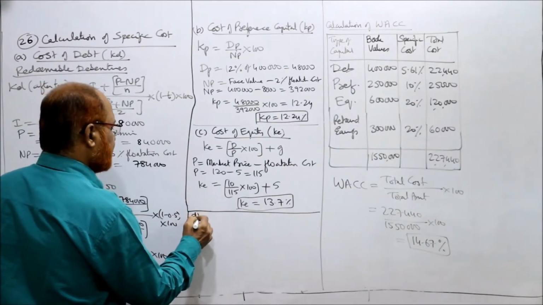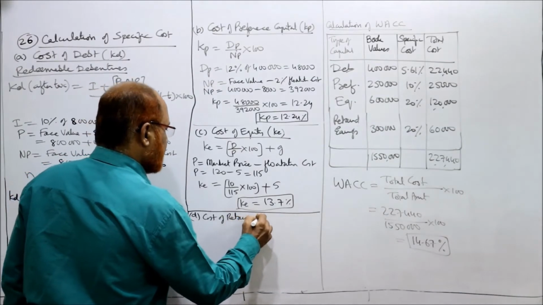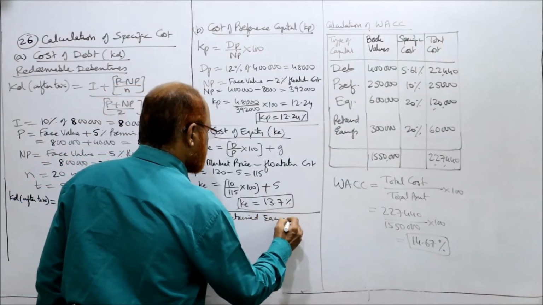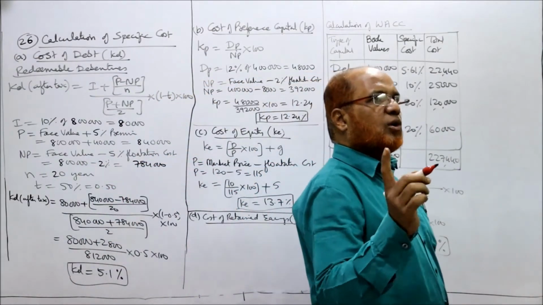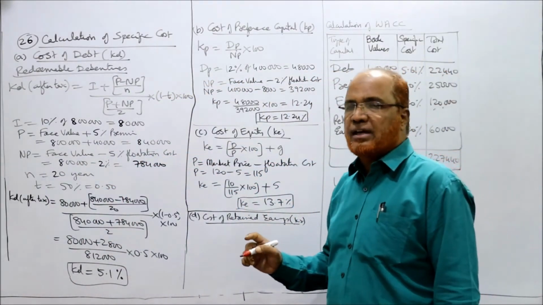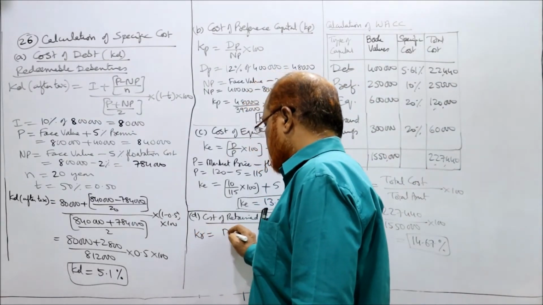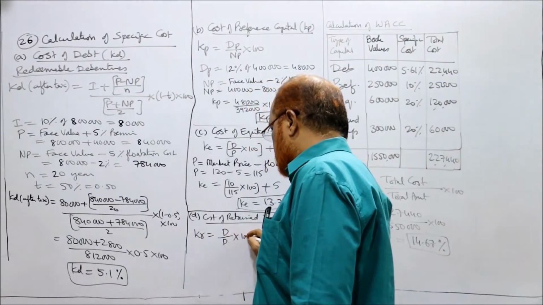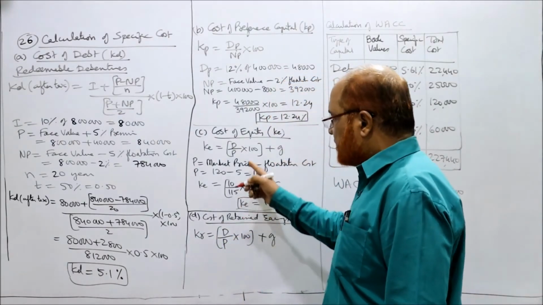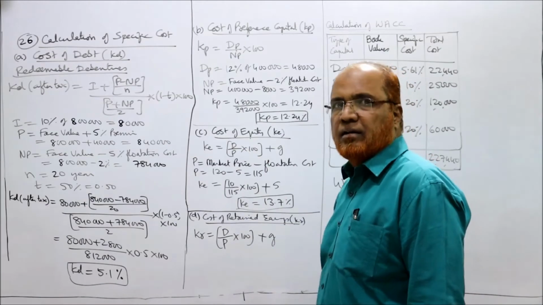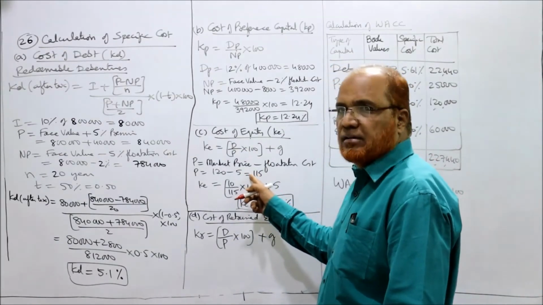Now D, cost of retained earnings, KR. Since flotation cost is there, we calculate KR as D by P into 100 plus G. It is the same formula as KE, but the difference is that flotation cost is deducted in KE.